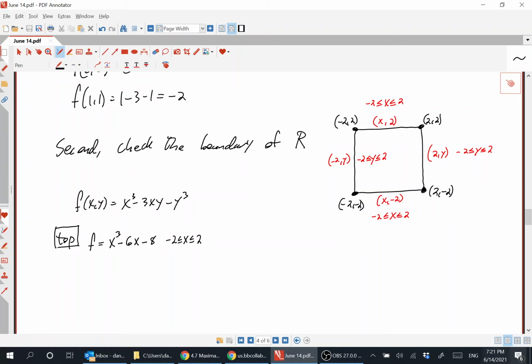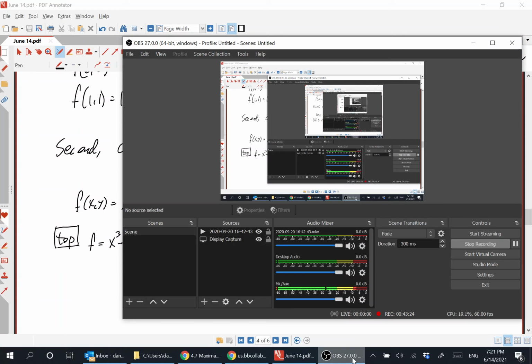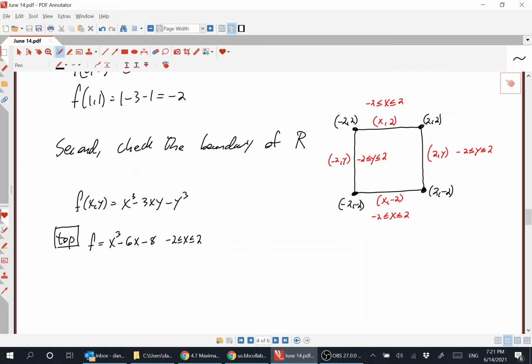Do you remember, guys? From Calc 1? That the first derivative does. Yeah, check the first derivative.